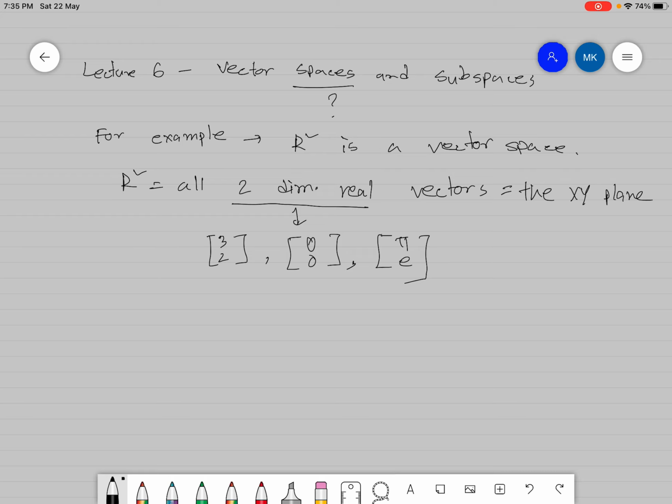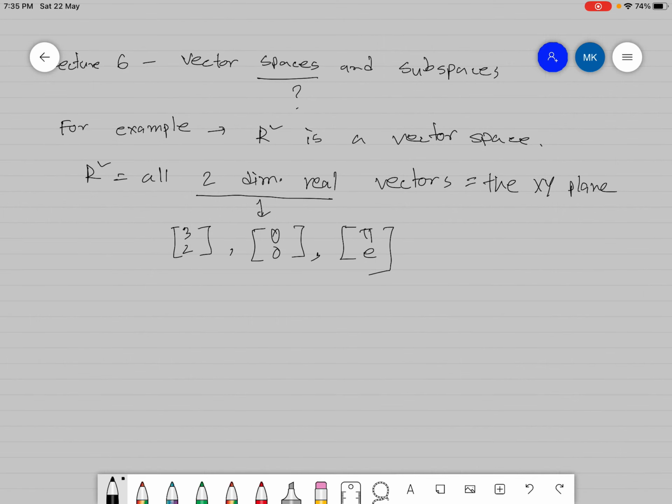To be a vector space, you need to have some characteristics. The main characteristic of vector spaces should be: if you add two vectors from the vector space, and if you multiply any vector with any scalar, then the result should be inside that vector space after that multiplication or addition.